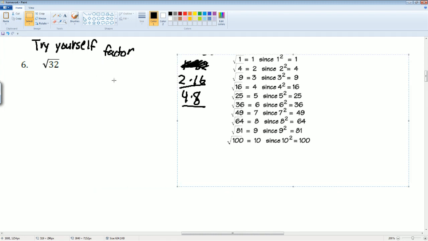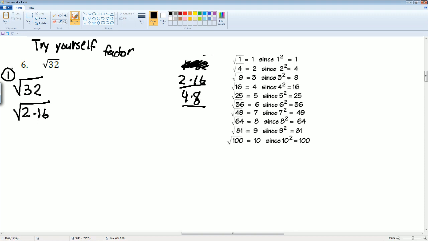Okay? So for this one, you can either go here. Square root 32 can be, you can try 2 times 16. This is step 1. Or you could do option 2. Square root 32 can be 4 times 8. Okay? Your perfect square here is 16.